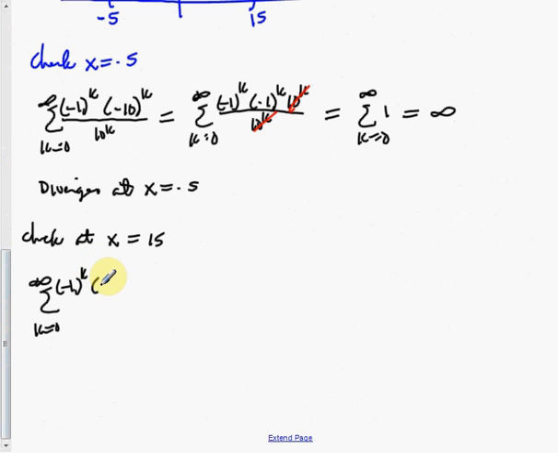It's x minus 5, so it's 15 minus 5. We get 10 to the k all over 10 to the k. Gives us the summation as k goes from 0 to infinity of negative 1 to the k. This guy also diverges.